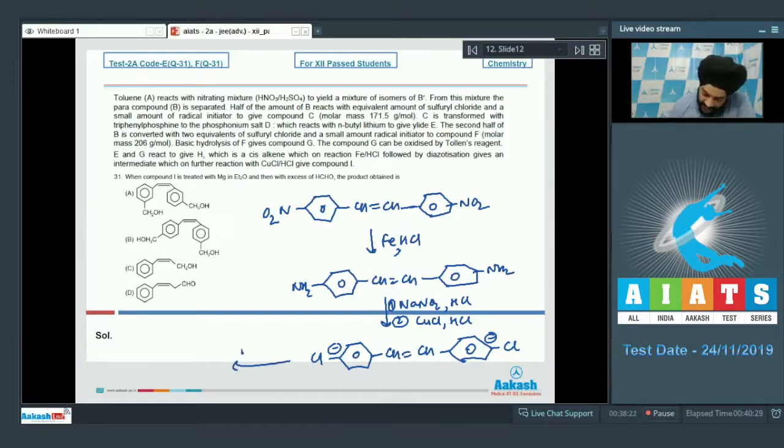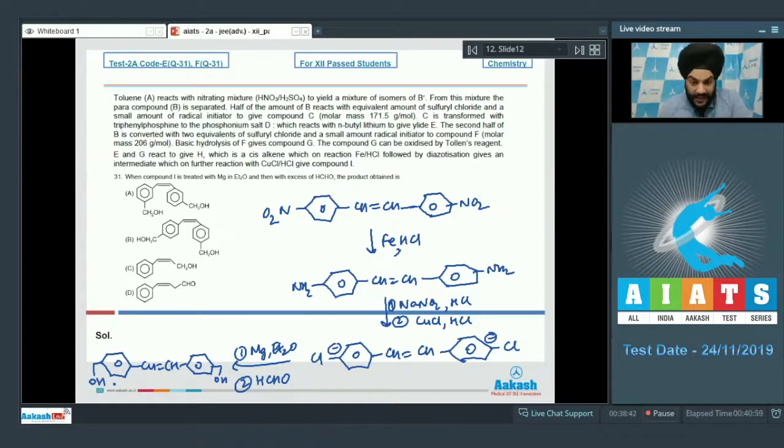Okay, so this on reaction with Mg in ether followed by reaction with HCHO will be converted into the alcohol. Okay, so if you look at the options which are given to us, students, we can clearly see that for this question we have to mark the correct answer as option B. Both the CH2OH have to be at the para position.